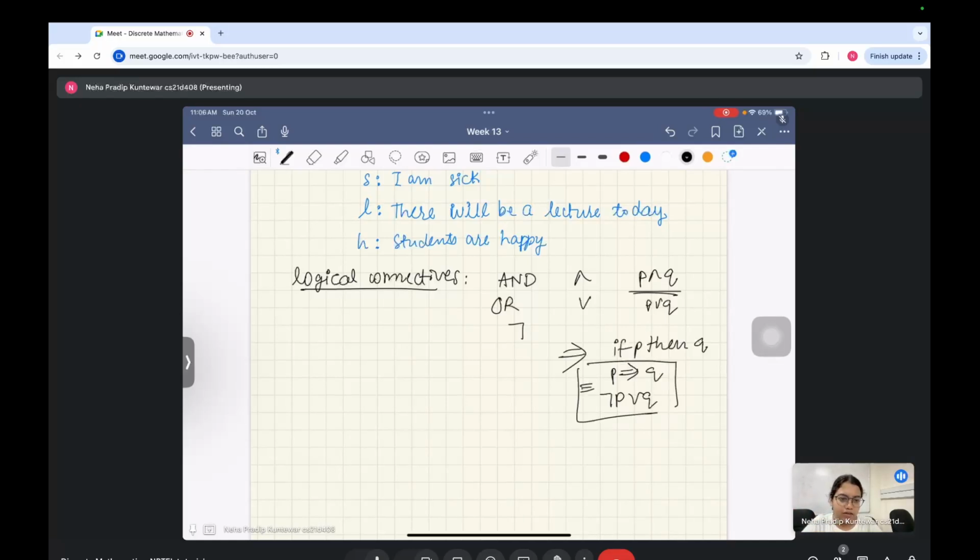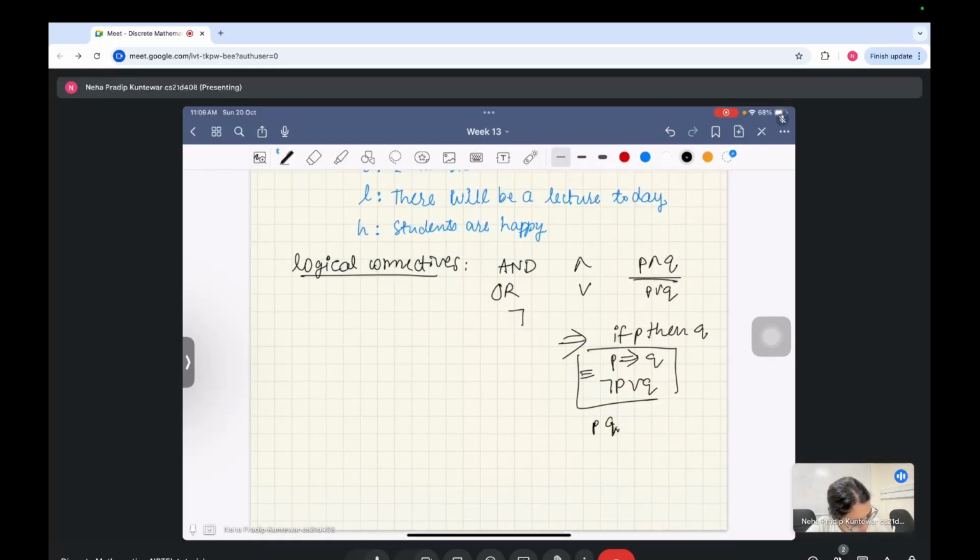How do we know that? One thing you can do is write the truth table. You write P, Q, and then all possible values that P and Q can take, and for each setting you find the value of P implies Q and the value of negation P or Q. You should ensure that the values of both are the same at every row.